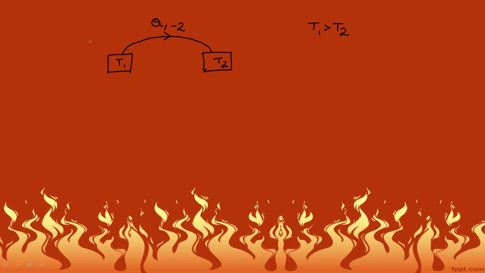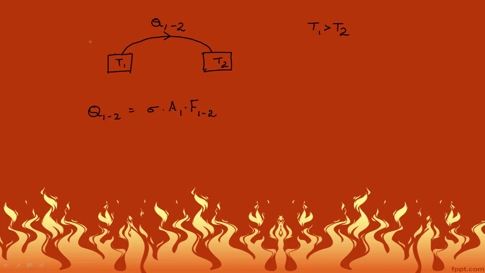Now, if this is the case, Q1 to 2 heat transfer will be equal to sigma into the area of the first surface from which the heat transfer is taking place, multiplied by, depending upon the shape of the surface, a factor called the shape factor or the geometric factor, which we need to consider.